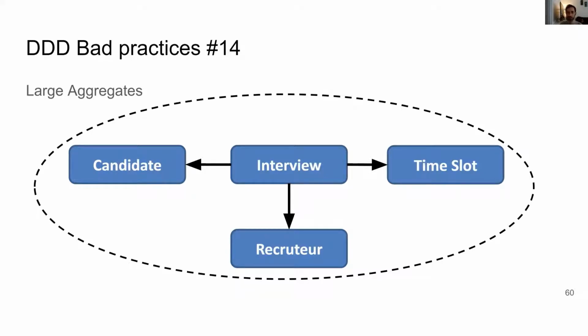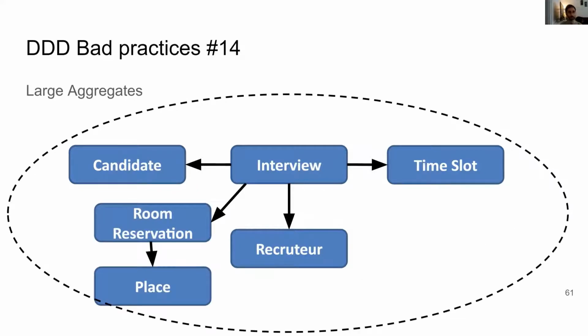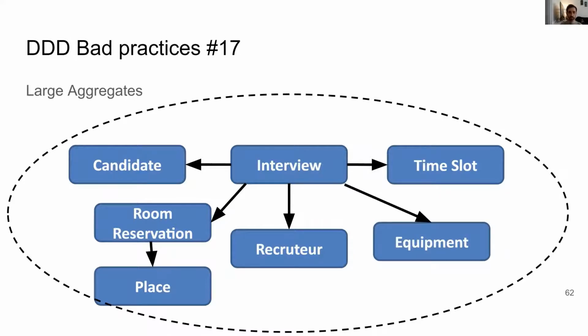But the domain grows, and then we tell you, okay, we also need to reserve some places, because an interview should have a place. And then we tell you, we should also reserve some equipment, for example, a computer from the computer system, because to evaluate the candidates, the recruiter should see them coding.